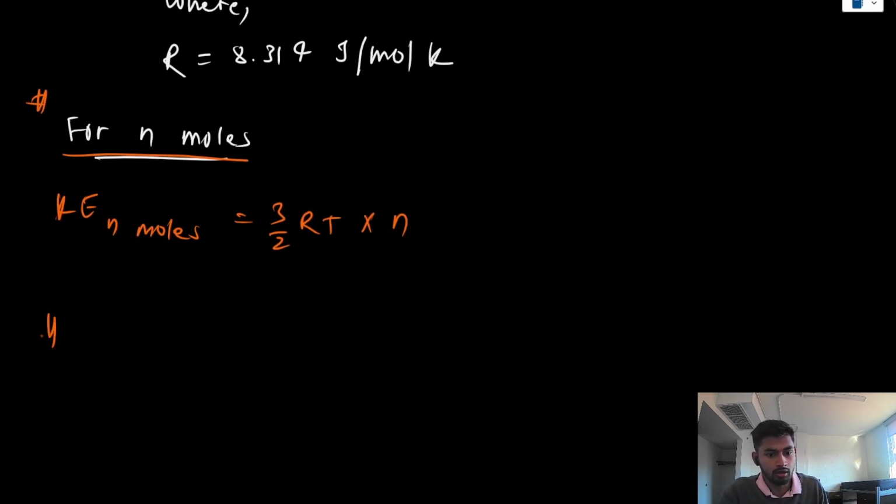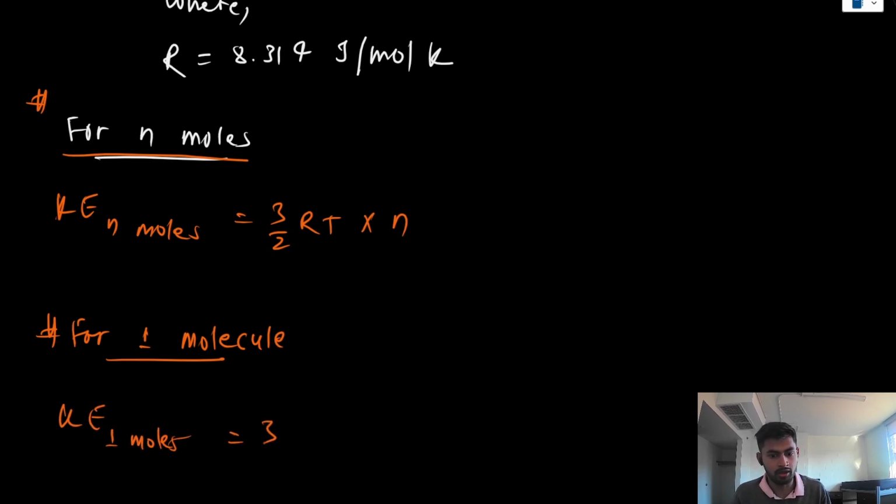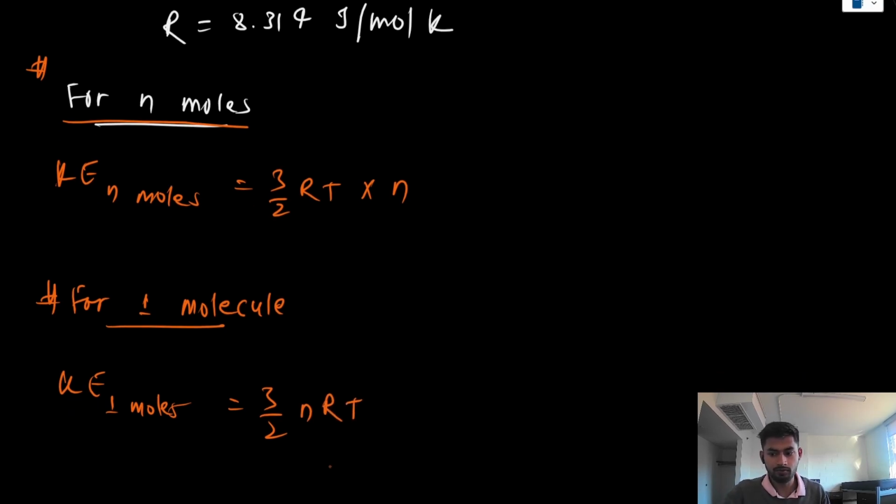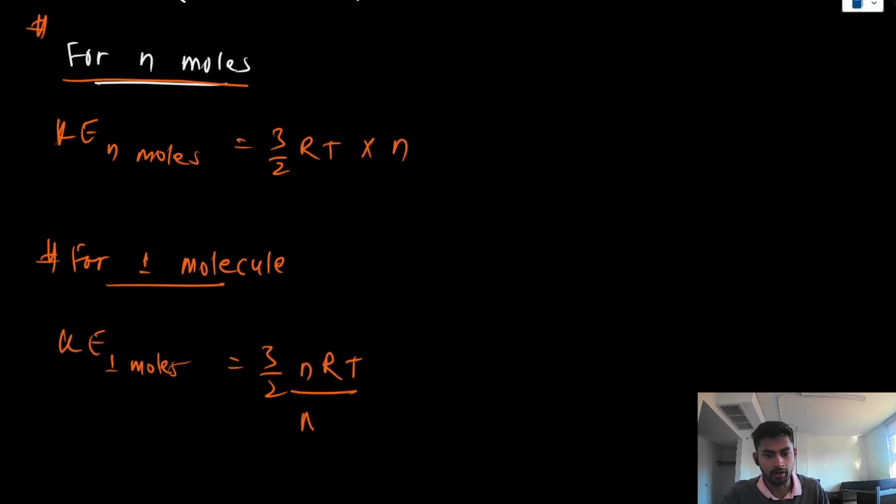Now, for 1 molecule, since we know the value for n moles, from the unitary method it would be 3/2 nRT divided by Na.